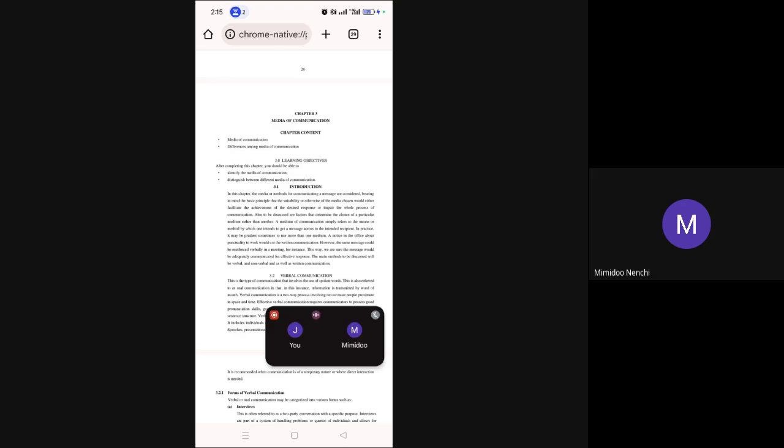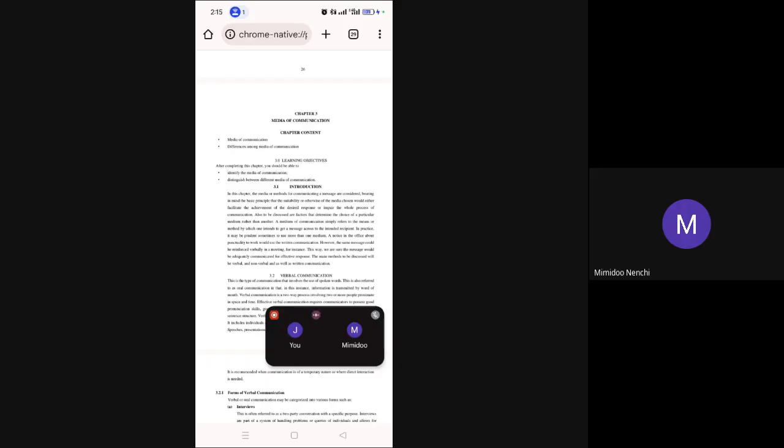Here, media or methods of communicating a message are considered bearing in mind the basic principle that the suitability or otherwise of the media chosen would either facilitate the achievement of the desired purpose.